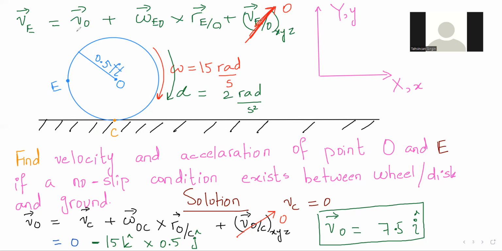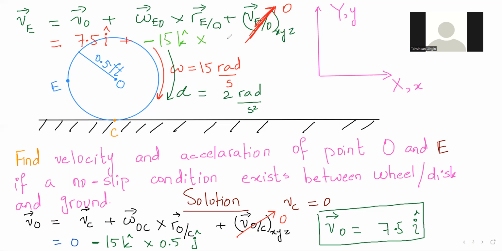Okay, what is VO? 7.5 plus, now, yes, omega EO is clockwise, minus 15. Clockwise is minus K. Position vector of E with respect to O. Give it a shot.